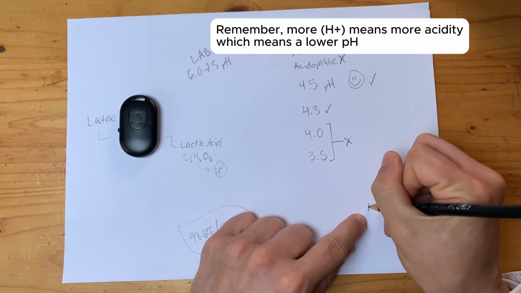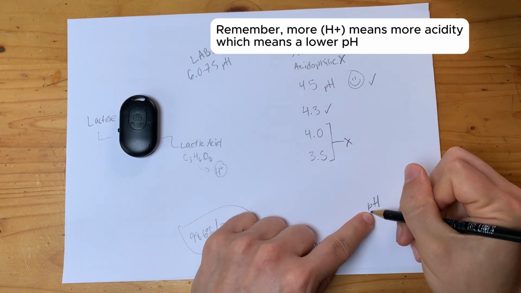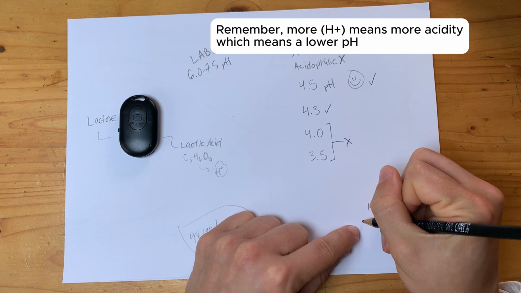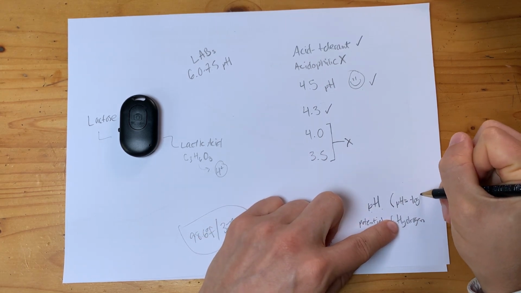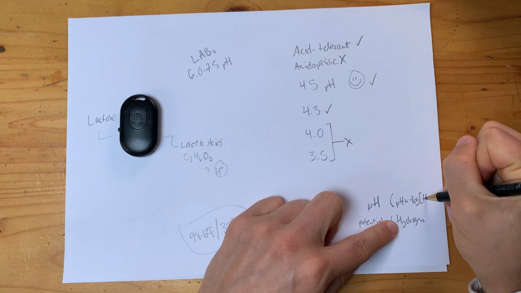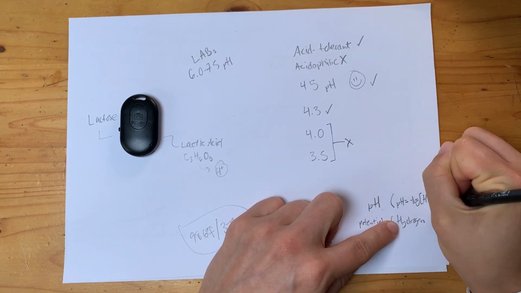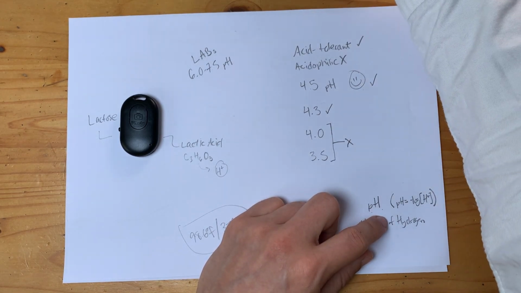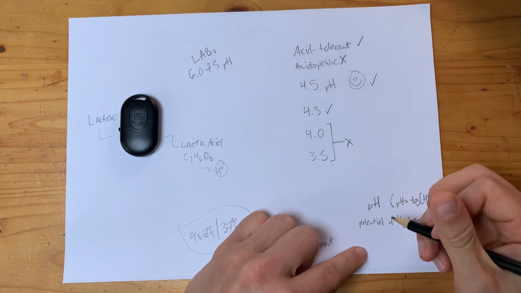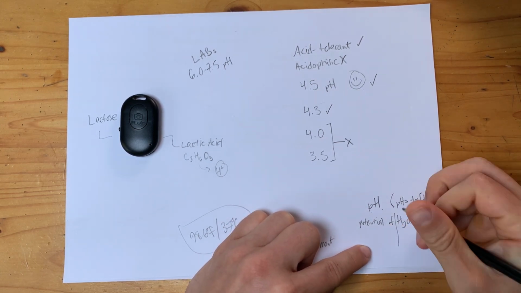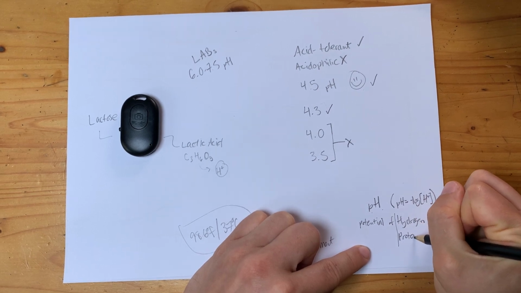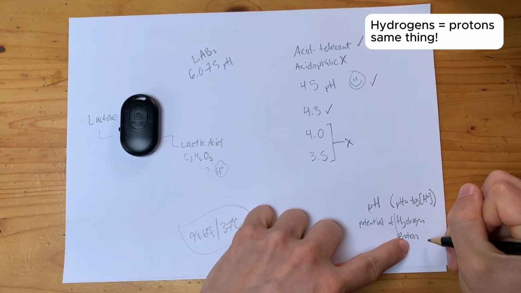And what is pH? pH is potential of hydrogen. pH is the negative log of your hydrogen concentration. So you're going to get a potential of hydrogenation, potential of protonation.